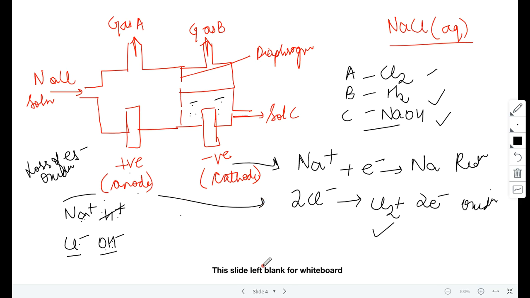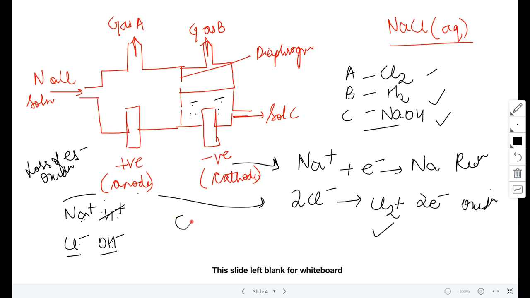I told you how to write the reactions. First you decide out of these which one will be there. If this is present, it is going to get discharged. So that means chlorine will be formed. How will chlorine be formed? Through this reaction only.